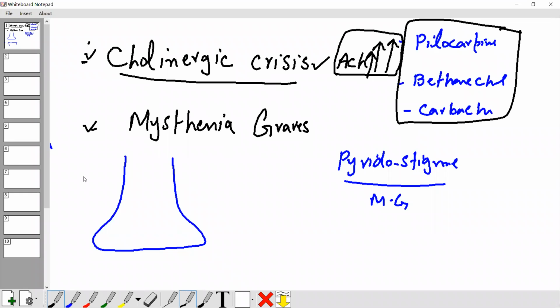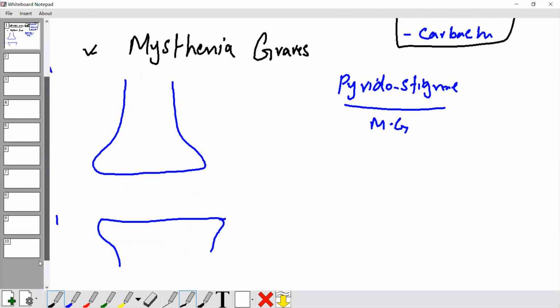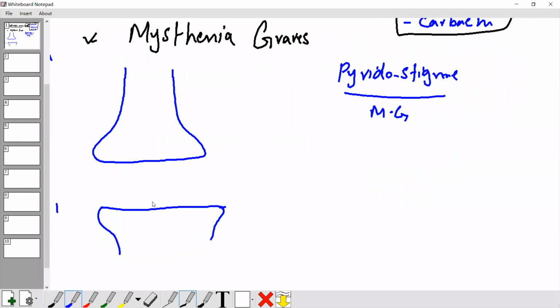Which receptor is present in the neuromuscular junction? The nicotinic NM receptor. On smooth muscle it was the M3 receptor. The NM receptor gives a response to acetylcholine very quickly.